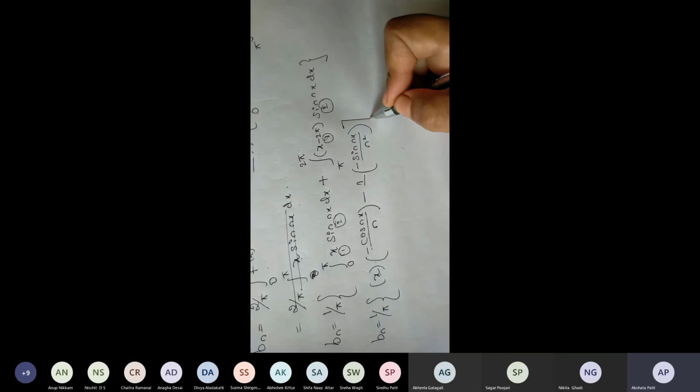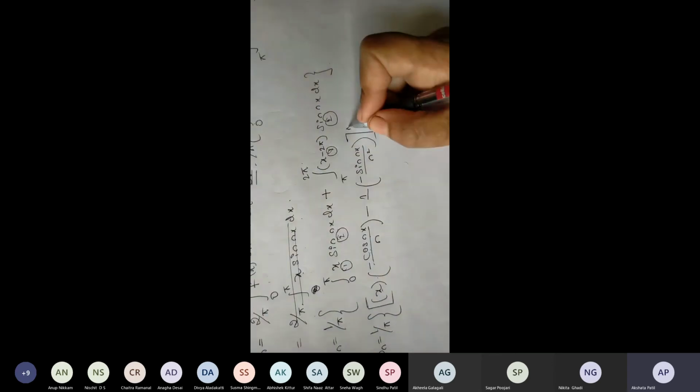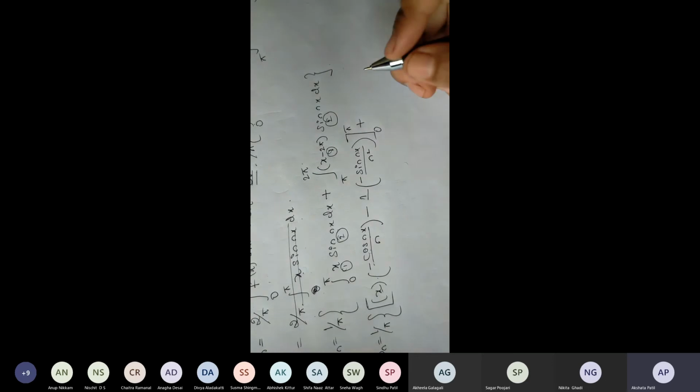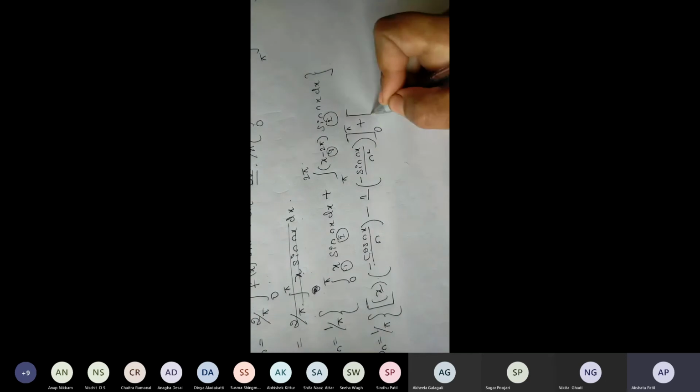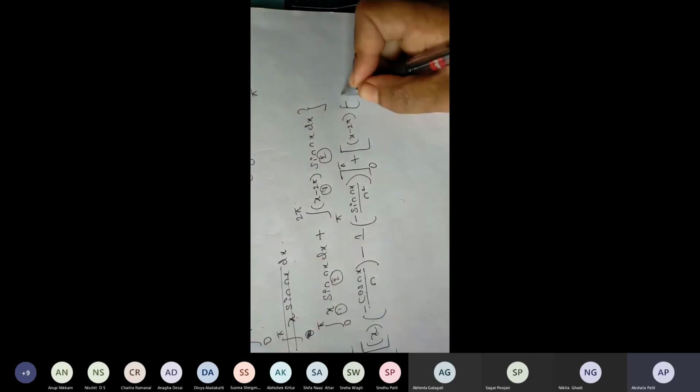So here open the square box, apply the limit 0 to pi, plus now again open the square box. First term x minus 2 pi keep as it is. The integration of sine is minus cos nx divided by n.